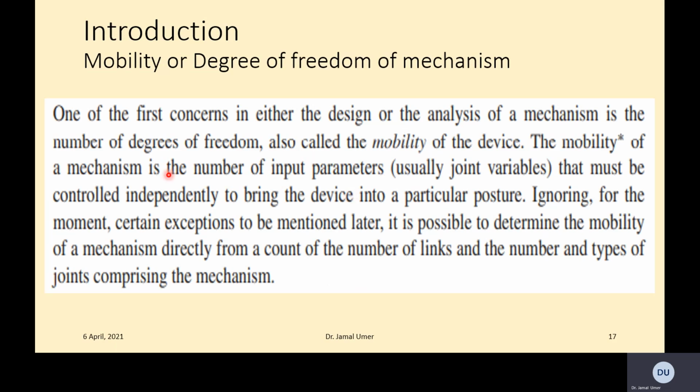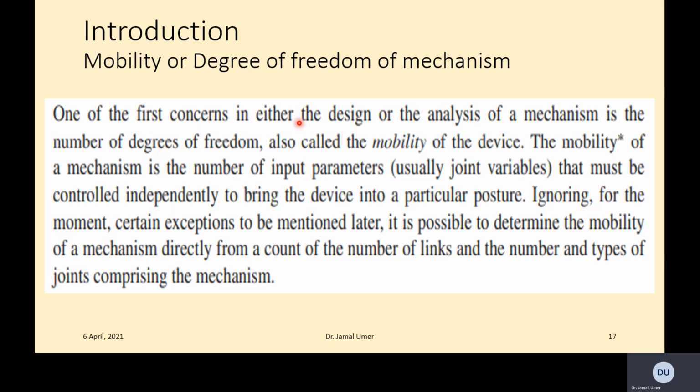The next definition is about mobility or degree of freedom of a mechanism. Degree of freedom is a quite well known term, but mobility can also be used, and in fact the essence of both is the same.